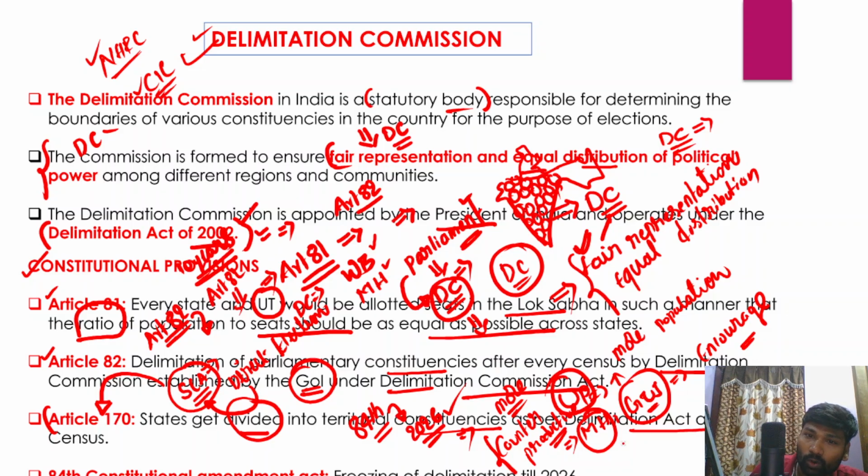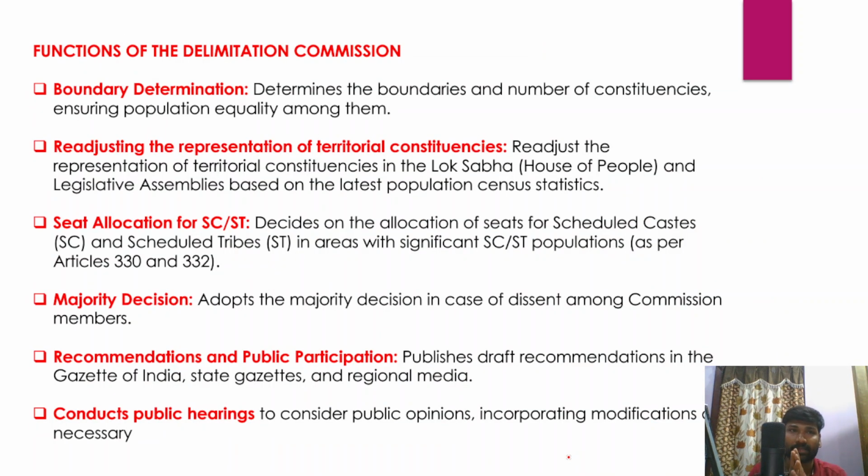So therefore, in order to ensure population stability, in order to ensure the success of family planning, the parliament has decided to freeze the delimitation of constituencies for the parliament till 2026. So I hope you have understood this.